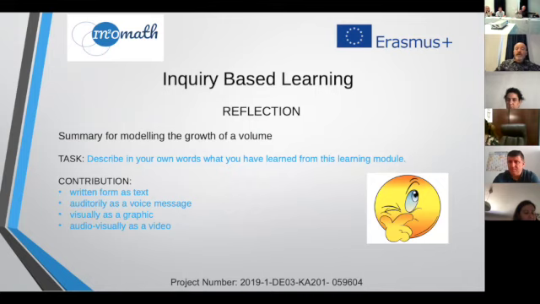Then it all ends with a summary for modeling the growth of a volume, and the students describe in their own words what they've learned, whether as text, or maybe as audio, a graphic, or a video, something of that sort. That's always a good way to end the module, for the students to actually produce something telling what they just did.